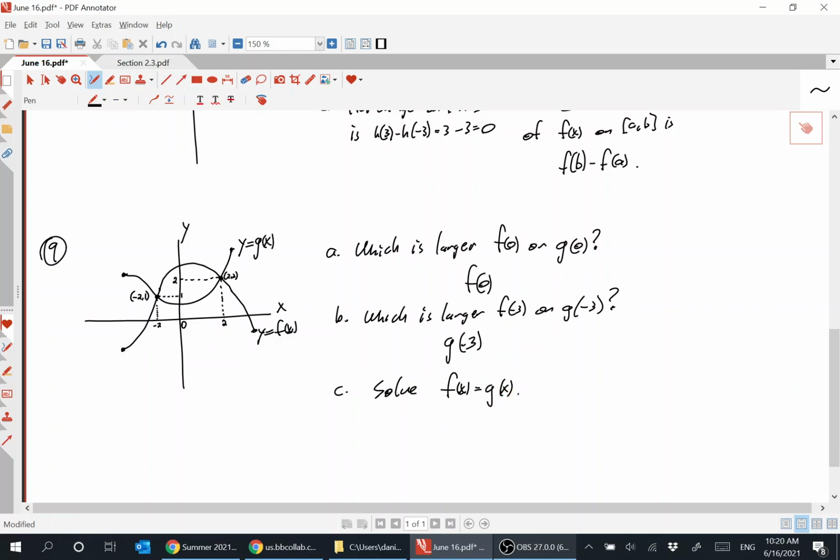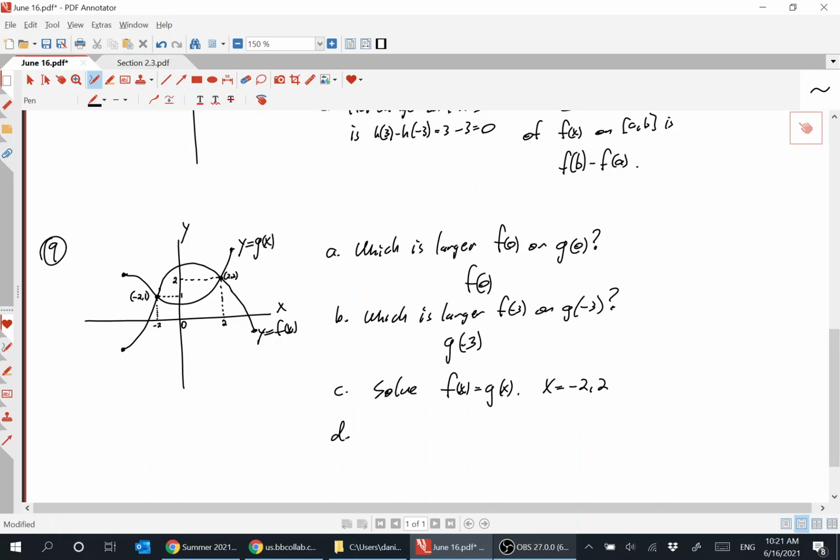What are the solutions to f of x equal to g of x? Now, the graphs cross where their y values are the same. What you're interested in is the x values where they cross. Those are the solutions to the equation. So x equal to -2 and 2.